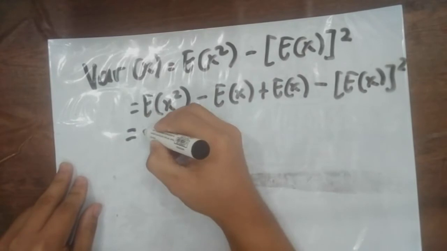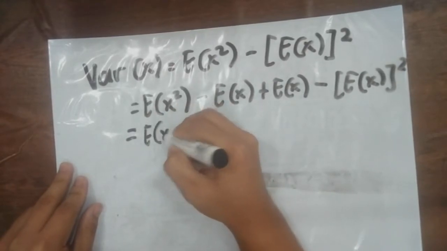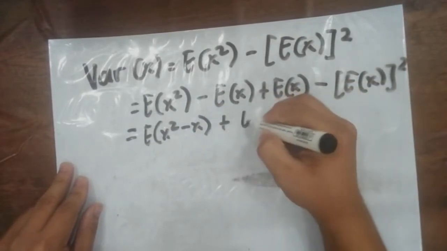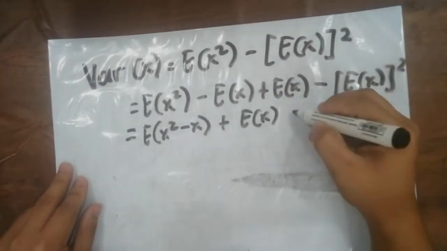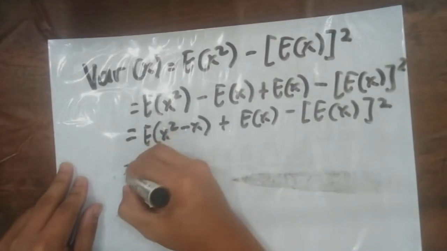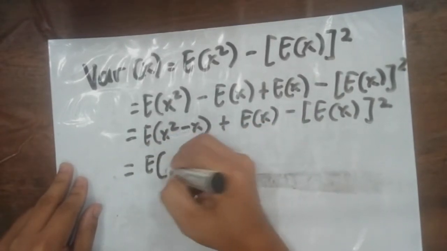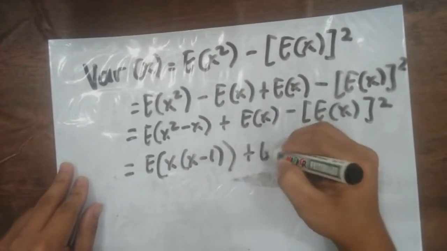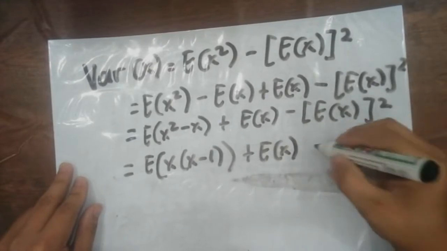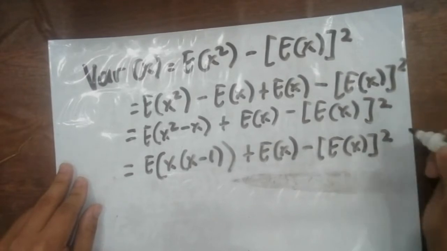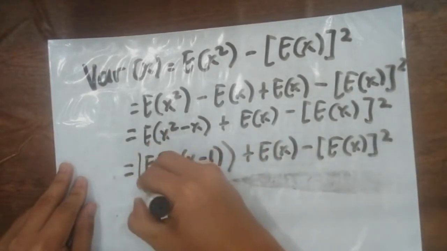And it is equal to the expectation of X squared minus X plus the expectation of X minus the expectation of X squared. And this is equal to the expectation of X times X minus 1 plus the expectation of X minus the expectation of X squared. Now we're going to get this one.